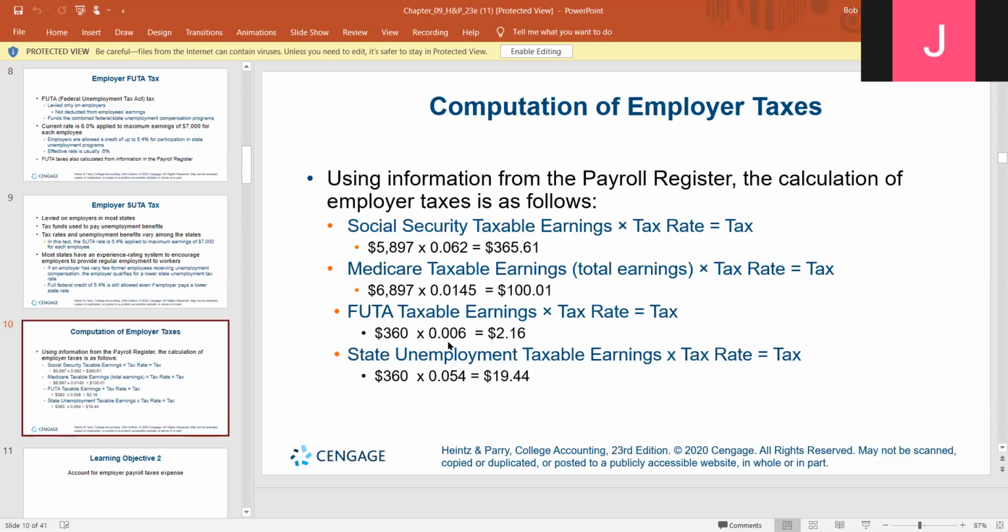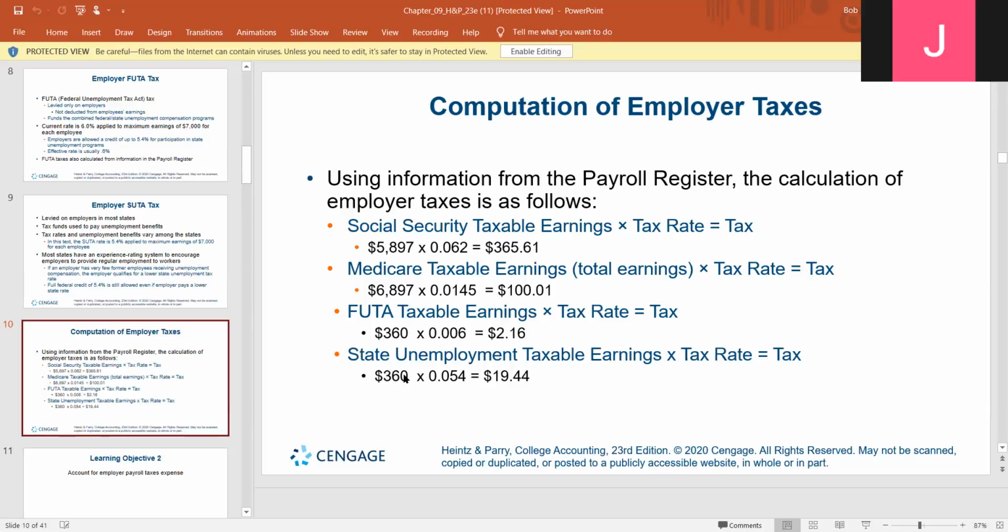FUTA is 0.006, not 0.06, 0.006. So this is money that is only going to be paid by the employer up until $7,000 per employee. FUTA and SUTA, employer only pays it.